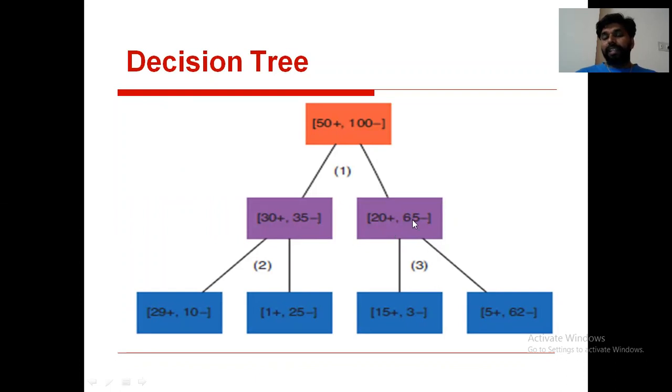Similarly, in the third split, the right side is divided into 15 positives and 3 negatives, and 5 positives and 62 negatives.